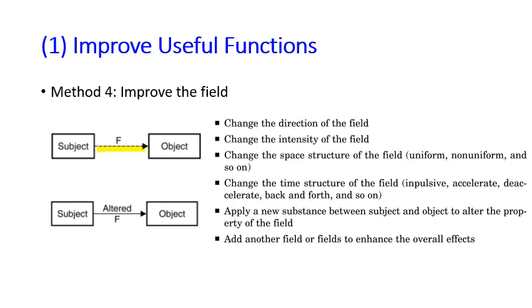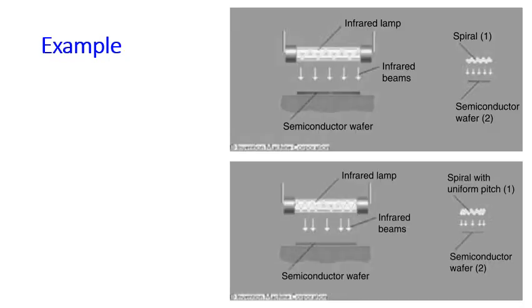When the useful function is inadequate, sometimes what we can do is we can also alter the function or the field. Let's see how this works. In the production of semiconductor wafer, we use an infrared lamp. If the beams from the lamp are uniform, like in the first picture here, then the edges of the wafer cool down quicker, such that the quality is not very good.